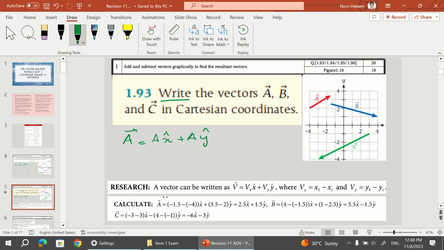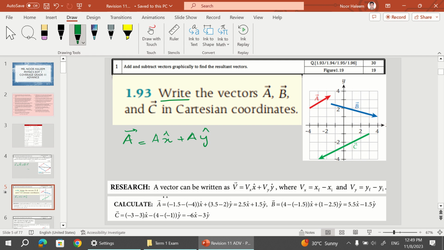Yes, 1.5. Look at the tip. And then come to the next point. Here, what are the coordinates? Here the x-axis will be -4 and the y-axis is just 2.